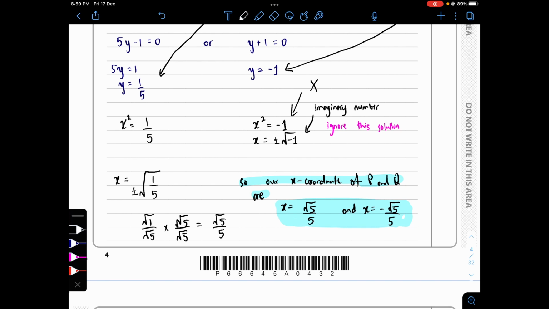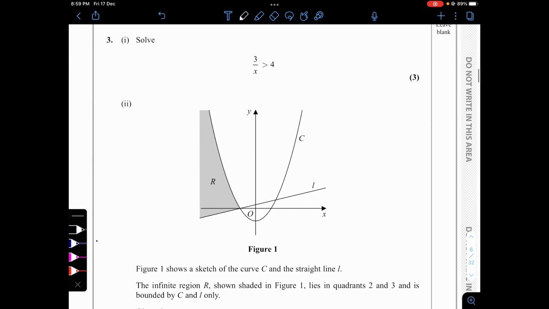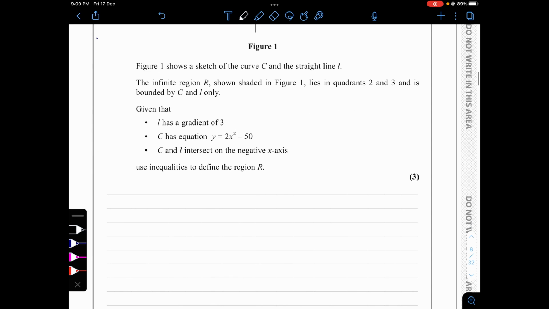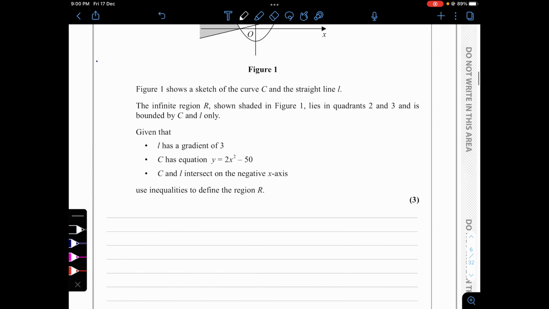All right. So now we move on to question number 3i. All right. So we have 3 over x is greater than 4. Actually, I'll do it here. So we have 3 over x greater than 4.